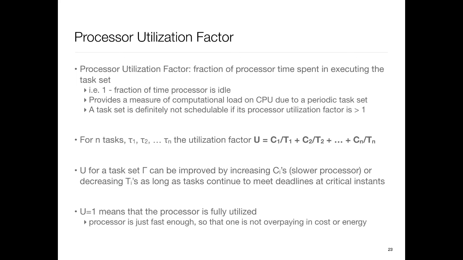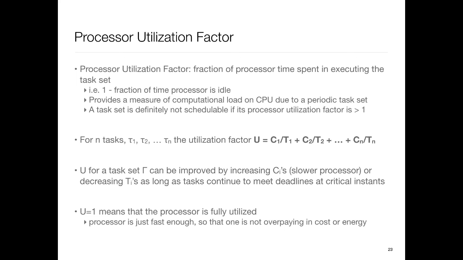I can improve the process. I can increase the processor utilization by increasing C's, right? If I increase the computation time of a task, then the corresponding C over T will increase, and therefore U will increase. The way you increase the C is by slowing down the processor.